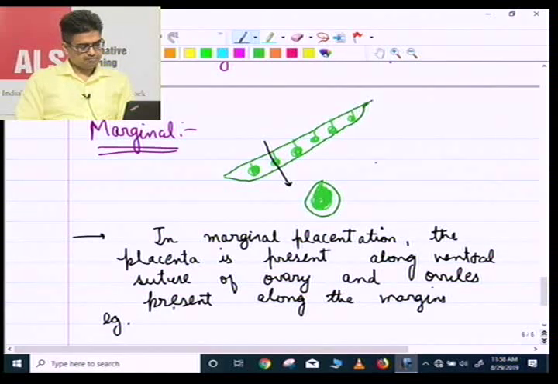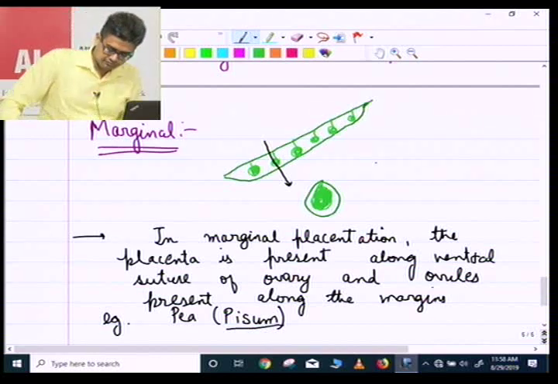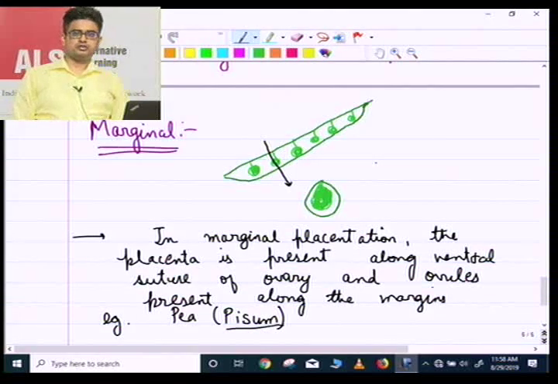Example is pea, Pisum. Okay, so please note this quickly. After this, we'll move on.